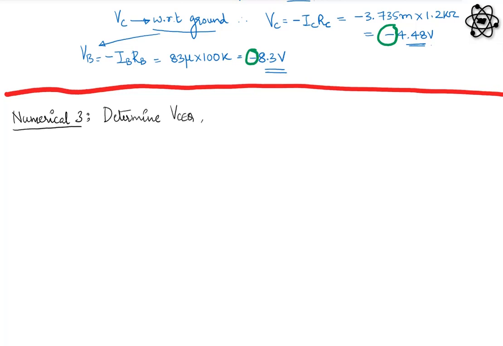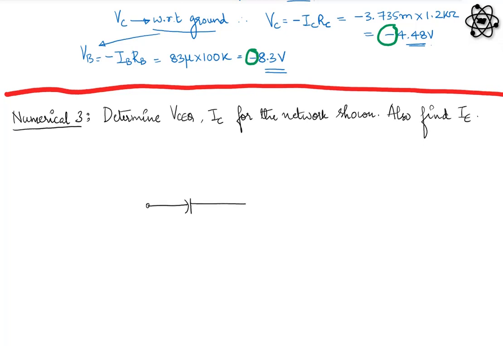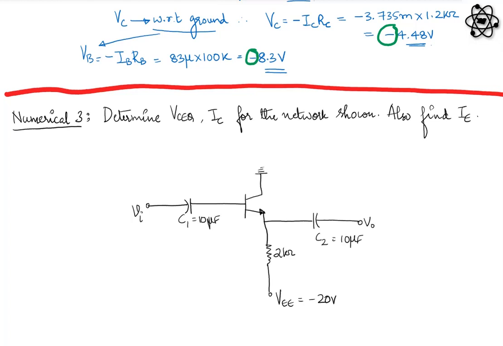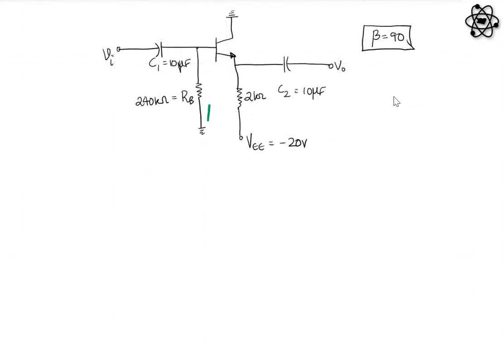Coming to the third numerical, here we need to determine VCQ, IC and IE for the circuit which is shown. The value of beta is given to be equal to 90.